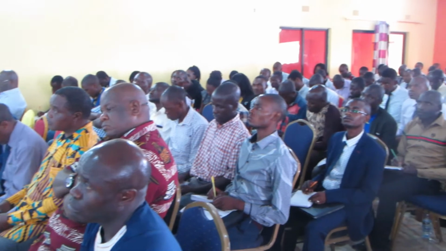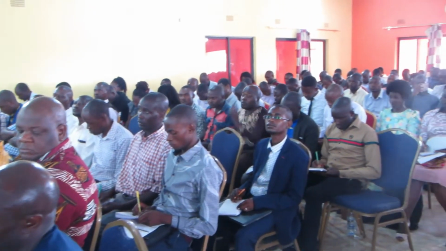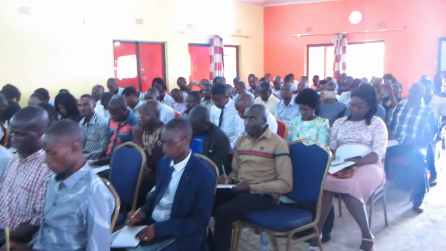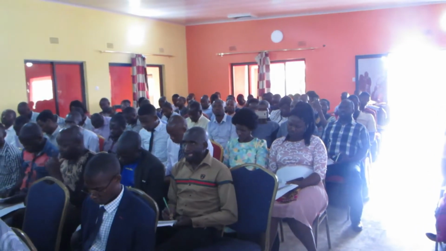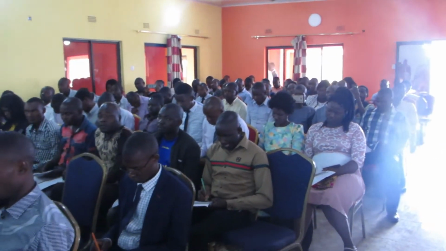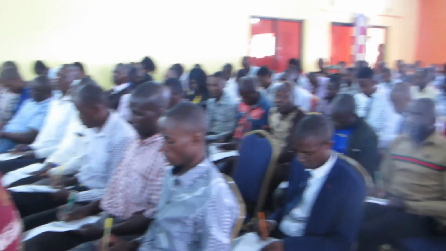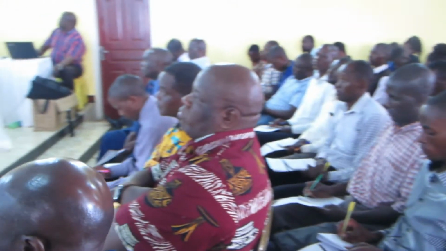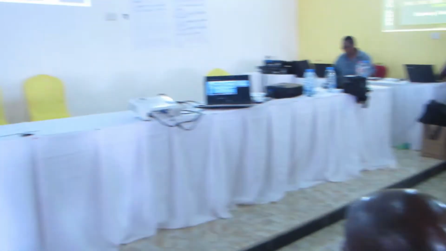We don't just need quality personnel to work, but we also should have the quality materials to use in order to help us improve that. So under component 1.2, we are looking at a situation where, through the project, schools will be able to have textbooks in such a way that each learner will have his or her own textbooks.